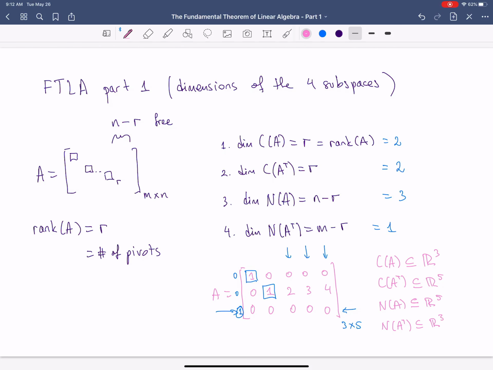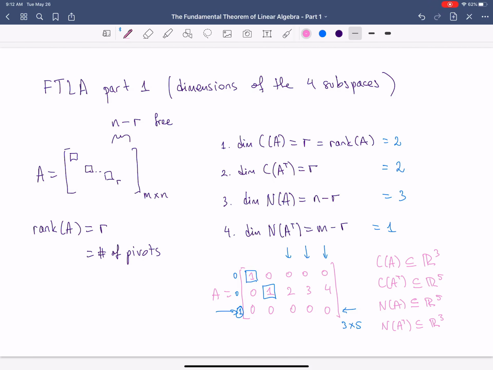So I don't have to memorize these things if I understand what each subspace is actually consisting of. If I understand what the subspaces are, then I will figure out how to determine all these numbers.